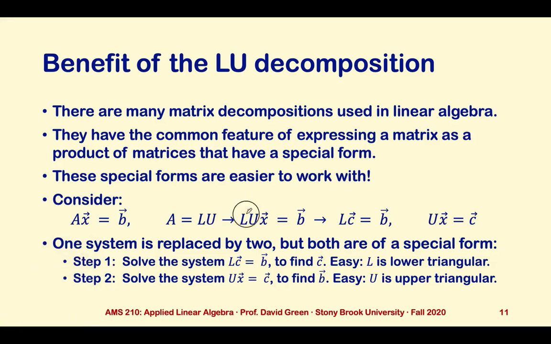I can put parentheses around UX and make a new definition: I'm going to define a vector C that is equal to UX.